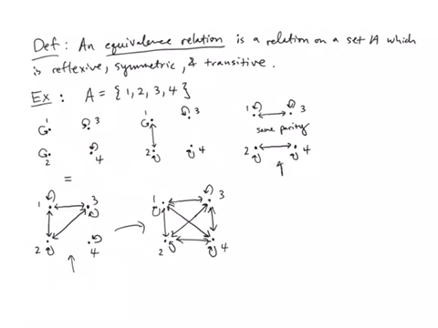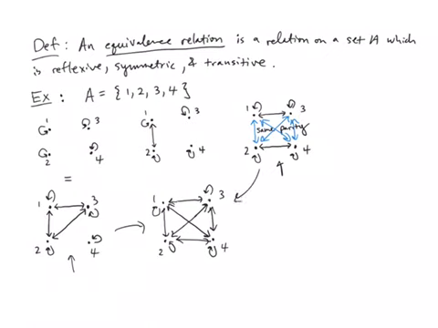So if you add the edge, say from 1 to 2, you have to add the reverse arrow, and now you can get from 3 to 2 in 2 steps, or you can get from 1 to 4 in 2 steps, right? And then you can get from 3 to 4 in 2 steps, so you have to be able to get there directly, and then that leads again to the diagram down here.